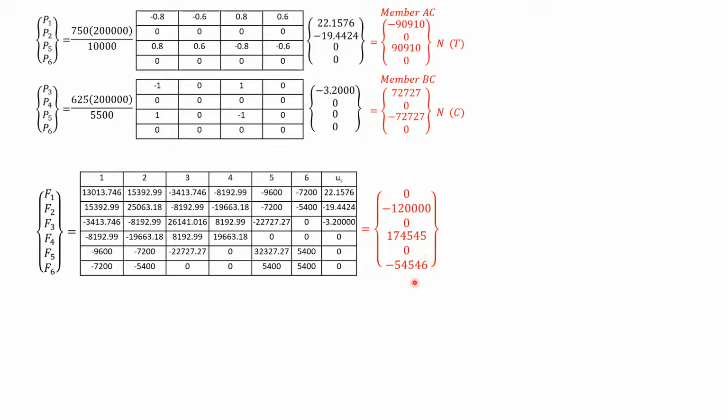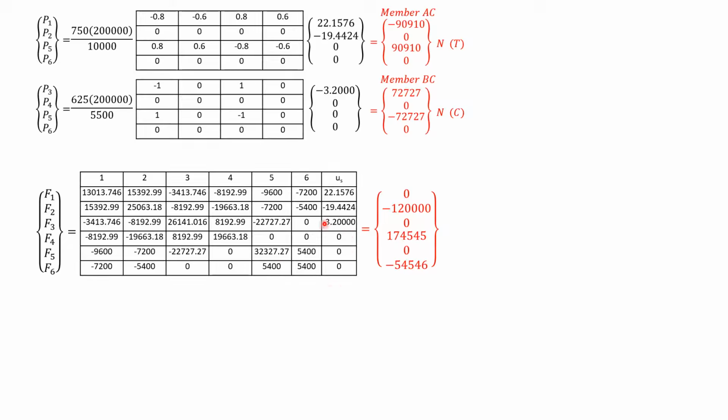So F5 is the X component of the reaction at C, which is expected to be 0 because the only load is vertical, negative 120,000. Then for F6, the vertical component of reaction at C, negative 7,200 times 22.1576 plus negative 5,400 times negative 19.4424 plus 0 times negative 3.2, all the rest 0.